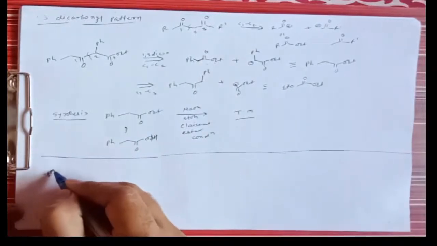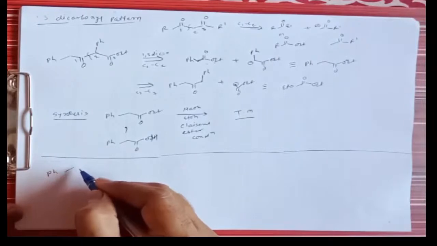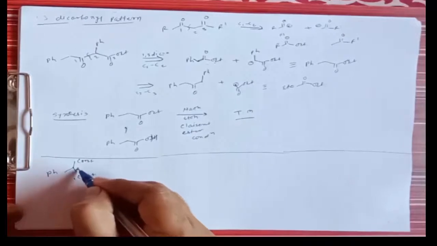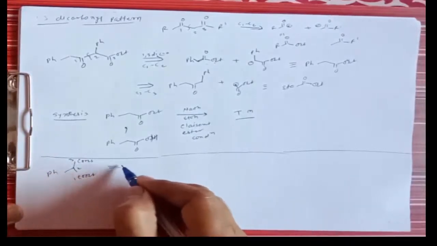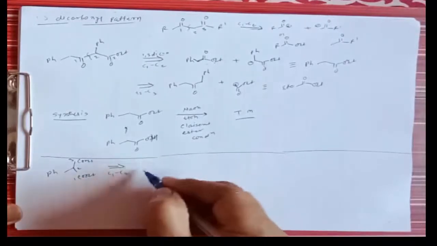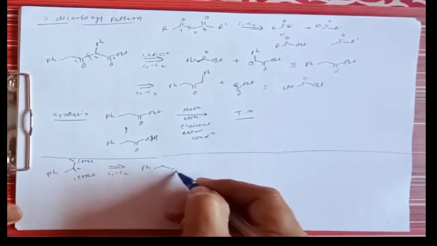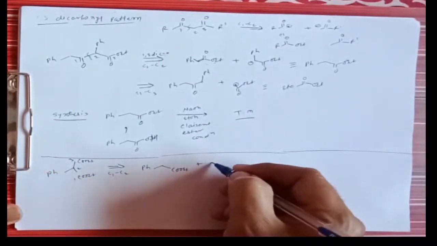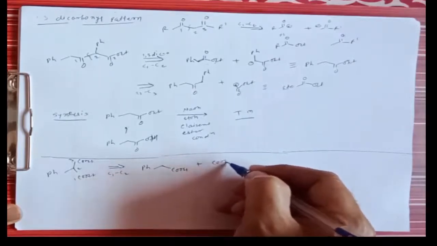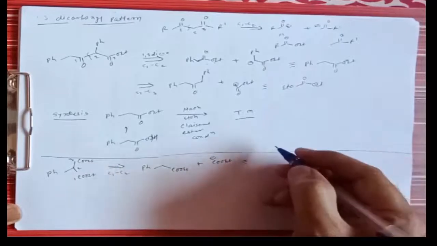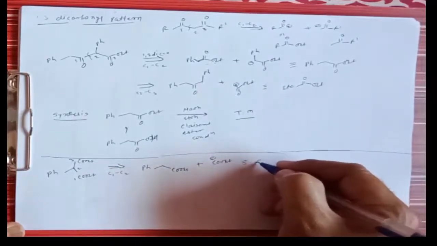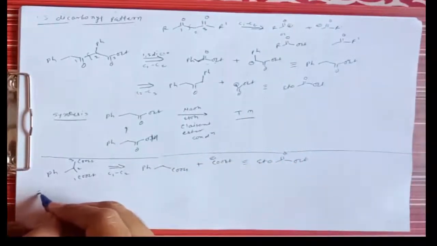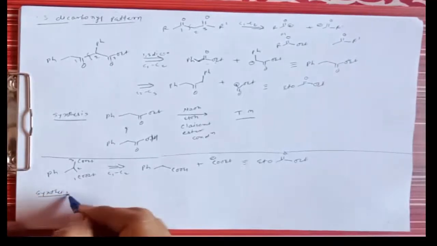Which contains a 1,3-dicarbonyl pattern, that is the molecule COOEt, and here COOEt, 1 2 3, the 1,3-dicarbonyl pattern, and then we can go for the C1-C2 bond. From the C1-C2 bond it can give COOEt and here a negative charge, that means ethyl phenylacetate, along with the formation of COOEt, that means diethyl carbonate.